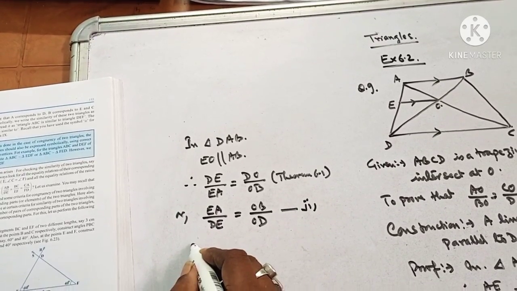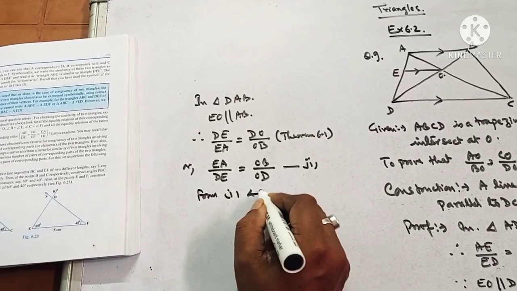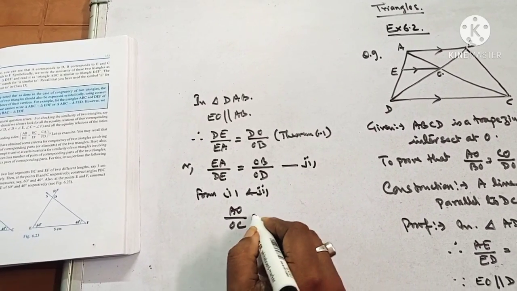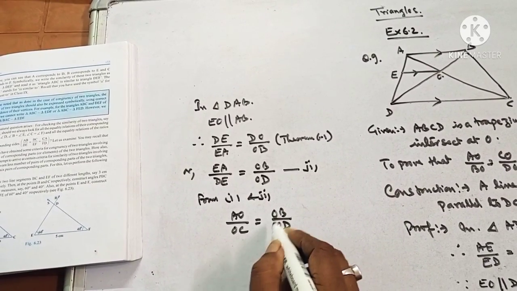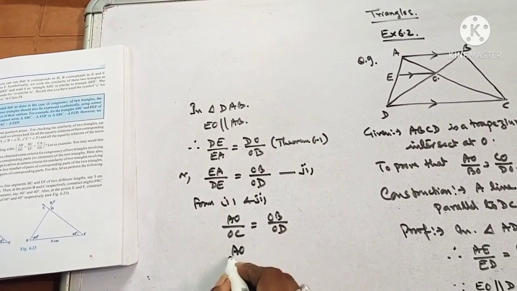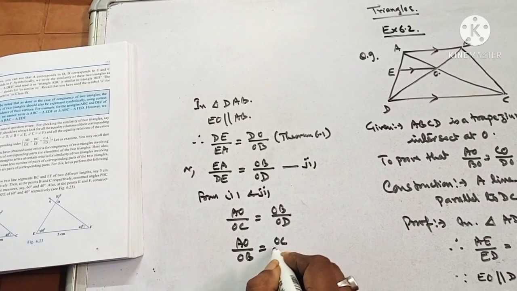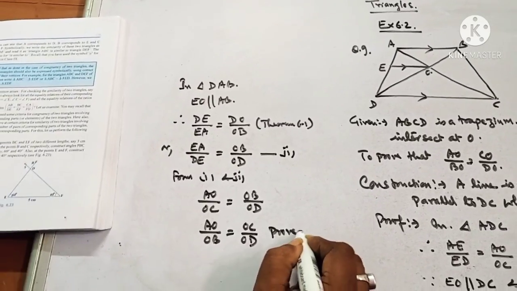So from 1 and 2 we can conclude that AO by OC is equal to OB by OD. Now we can also write it like this: AO by OB is equal to CO by OD. So this is proved.